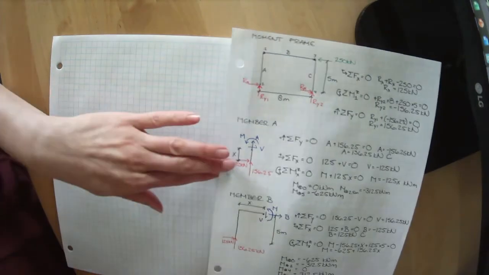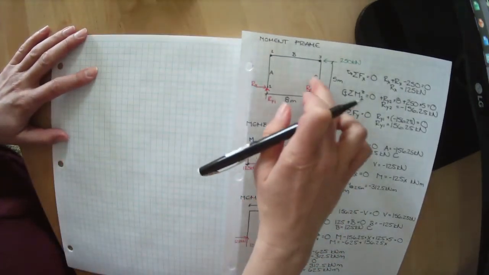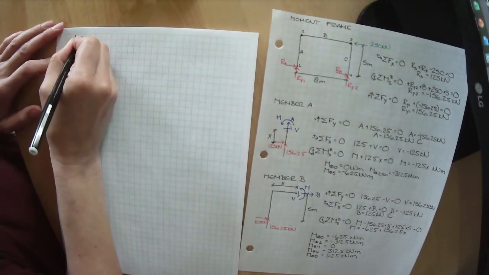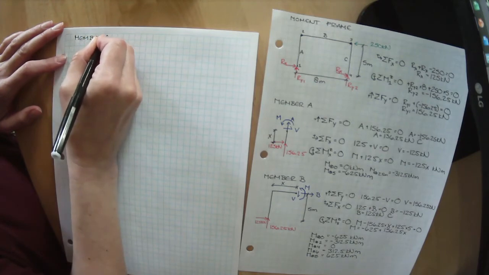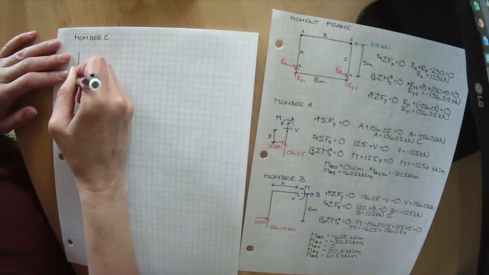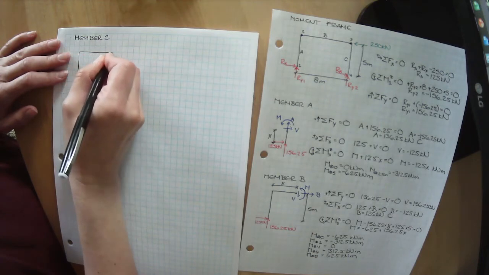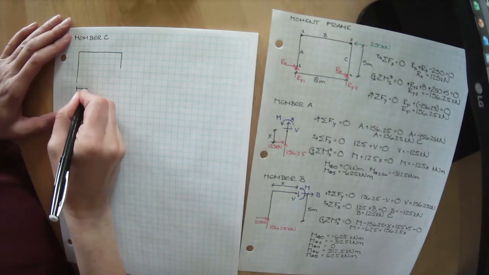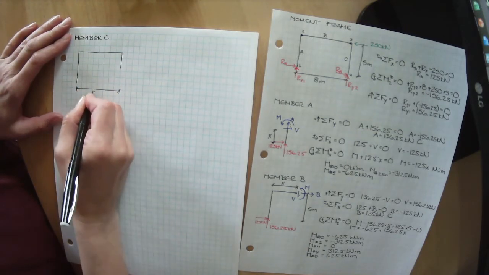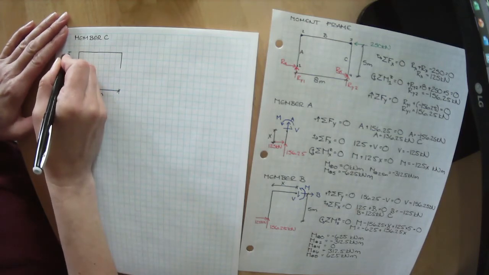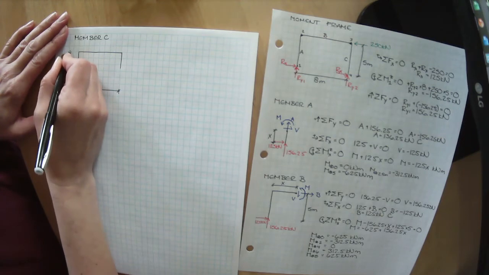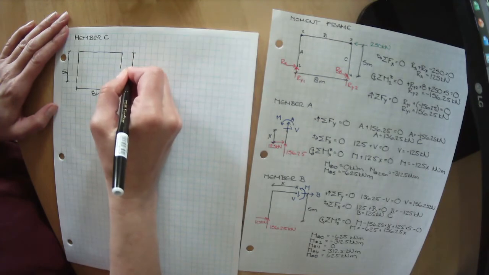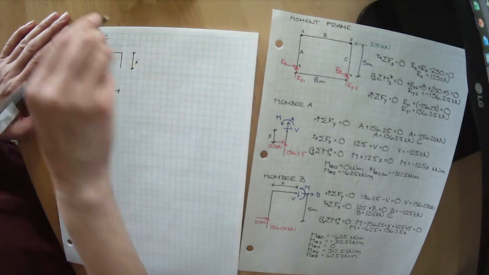Let's make a cut in member C now. So let's make a cut somewhere along the length of member C. We know that this distance is 8 meters, and this distance is 5 meters, and we're cutting somewhere along its length x.